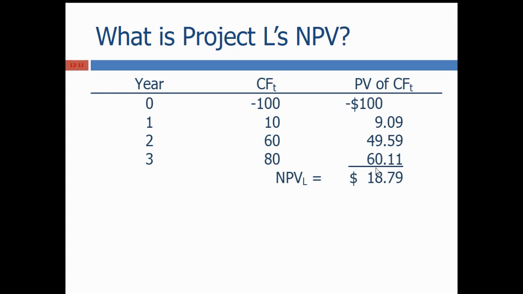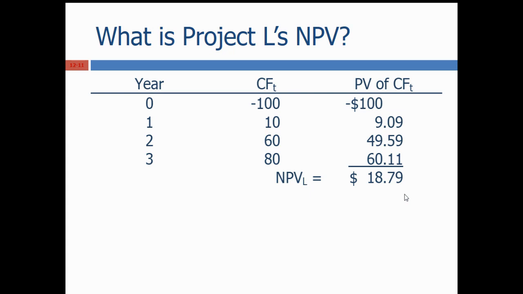When you add all of this together, you get 18.79. So that is your answer. If you look at project L independently, would you accept the project? Yes, you would, because your project gives you a positive NPV, therefore you will accept the project.